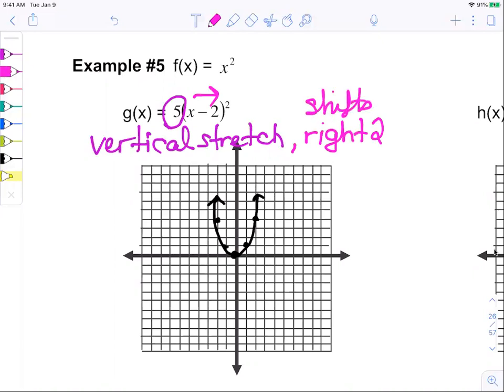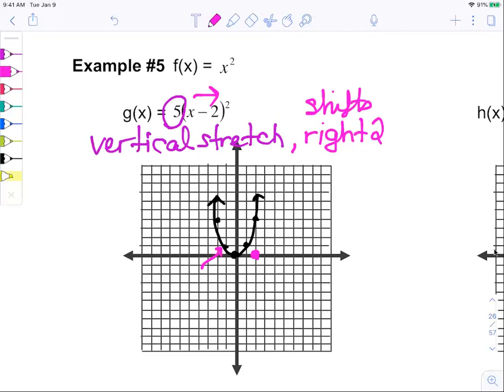All right, so we're going to see if we can apply that and make this new graph. So we know it shifts to the right 2. And then the 5 is a vertical stretch. So if I look at my original point, I went over 1 and 1 squared was 1.